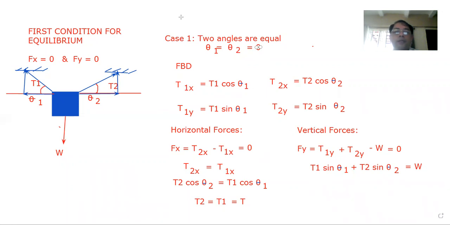Now, by doing that, we can simply rewrite this. And why not call this simply T sine of theta, and then also call it T, since T1 and T2 are equal, then sine theta 2, call it instead by the same variable theta, and equate it now to our weight.